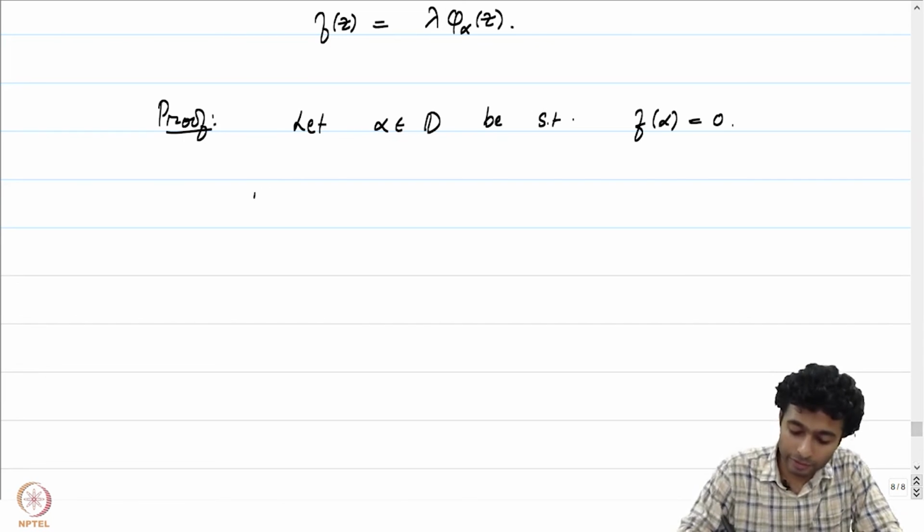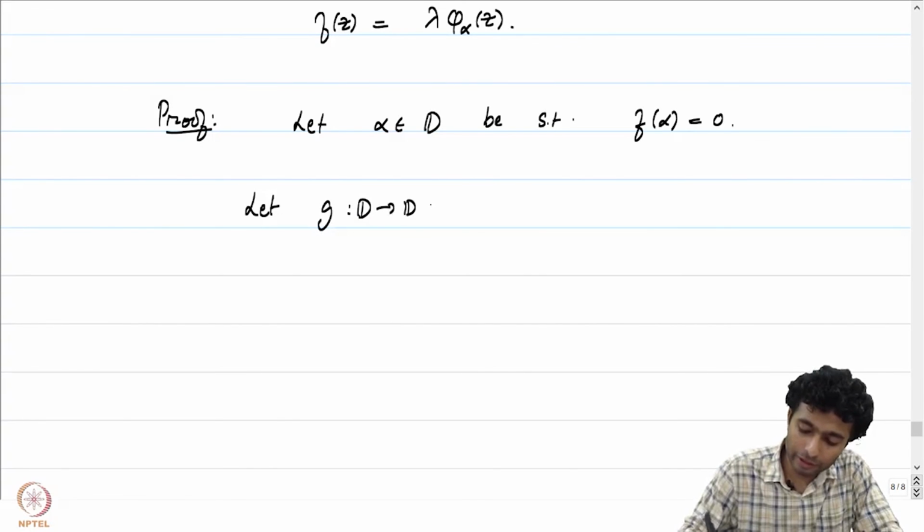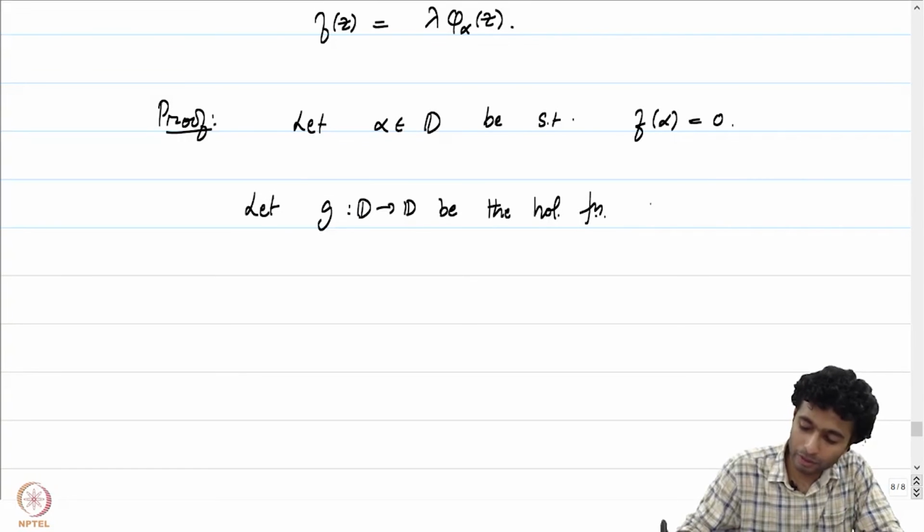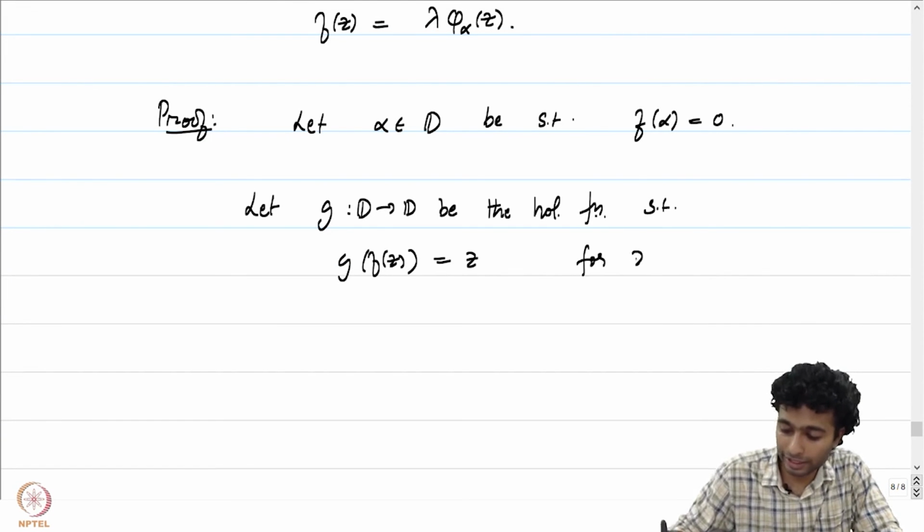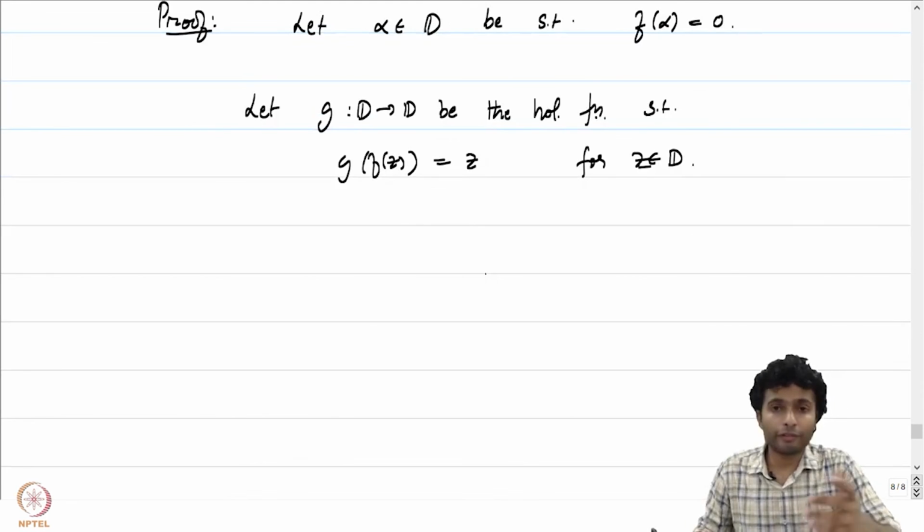Now because it's an automorphism, let g from D to itself be the holomorphic function, which is the inverse, such that g(f(z)) is equal to z for z in D. Now what do we have by the chain rule?